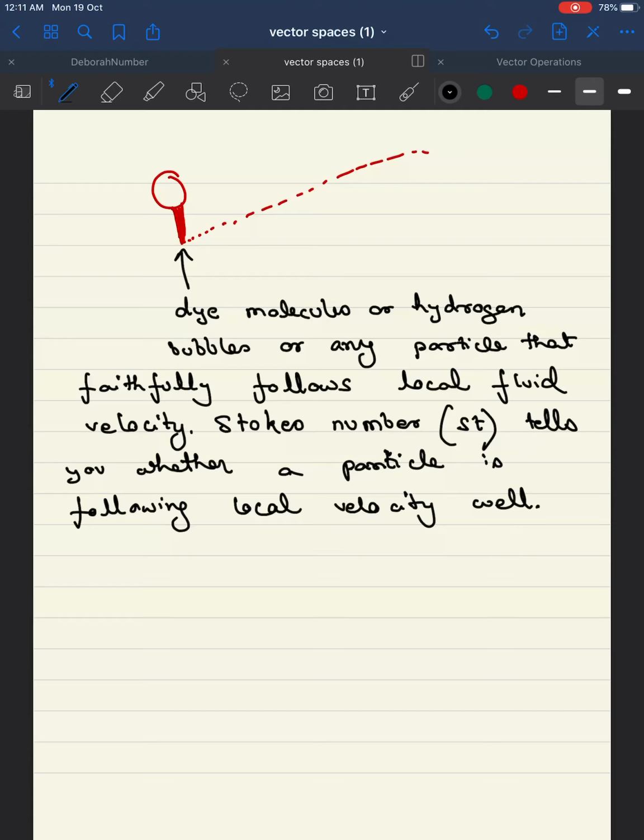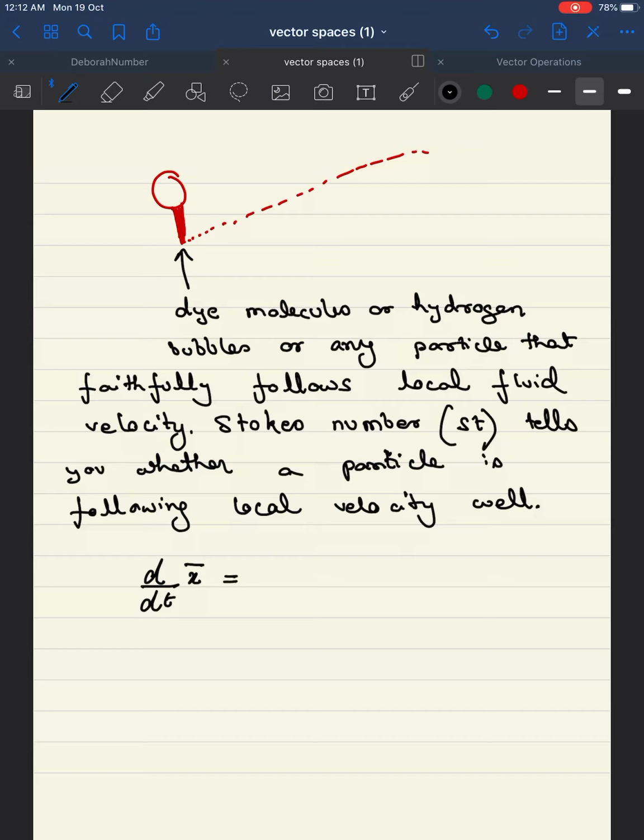Well, this means that, now see, here I am talking about dye molecules or hydrogen bubbles or particles, which means I can follow these particles. So I can simply take my normal total derivative, time derivative, for x, where x is related to this streak line, right?